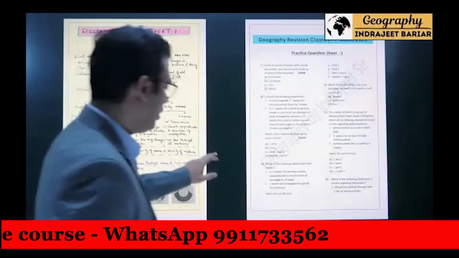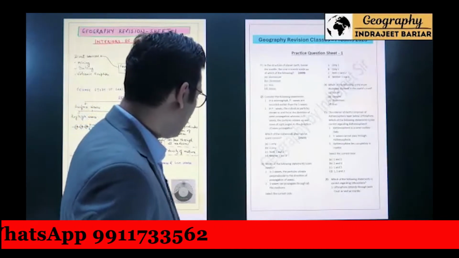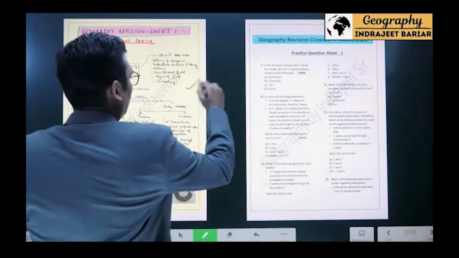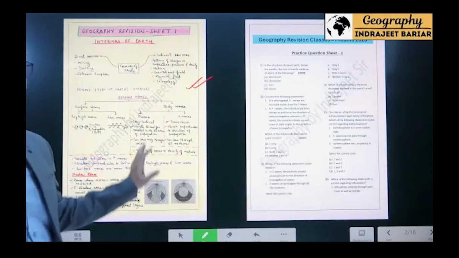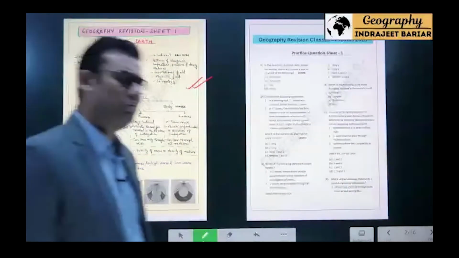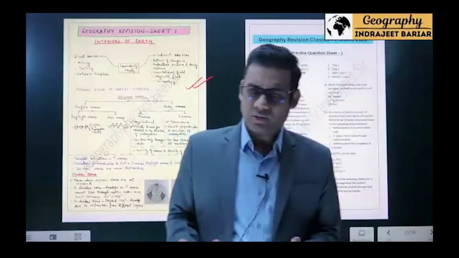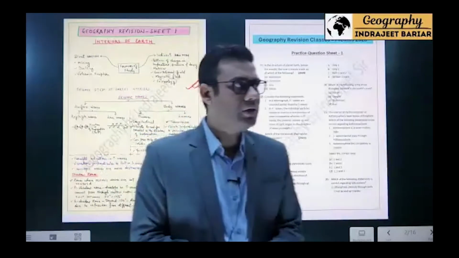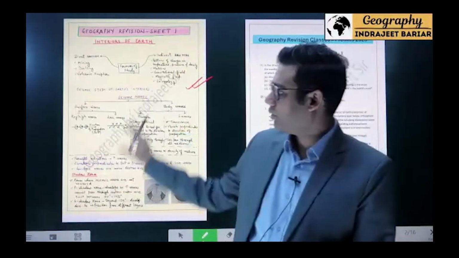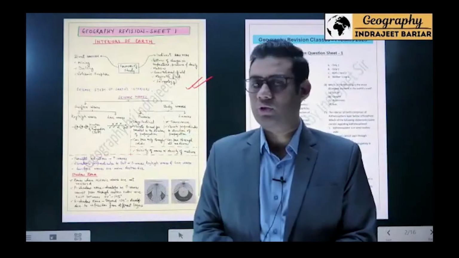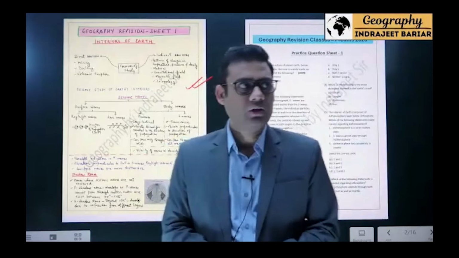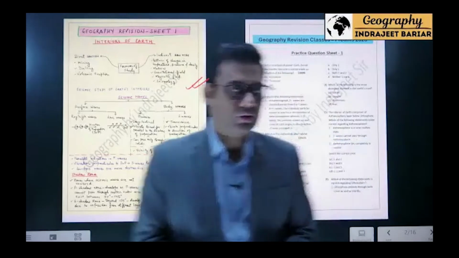These are short notes of 7 to 8 pages, 10 pages, one chapter over. These are the notes that you can directly utilize for your revision just before the examination. All the necessary details are given in these notes.